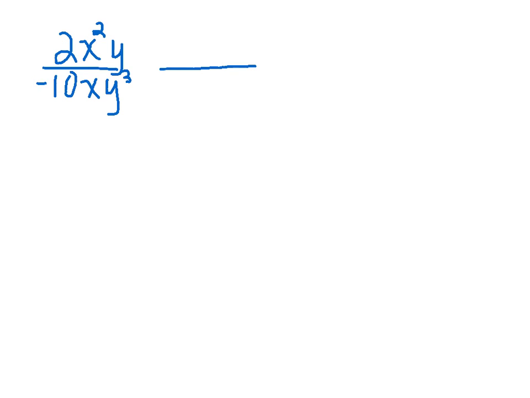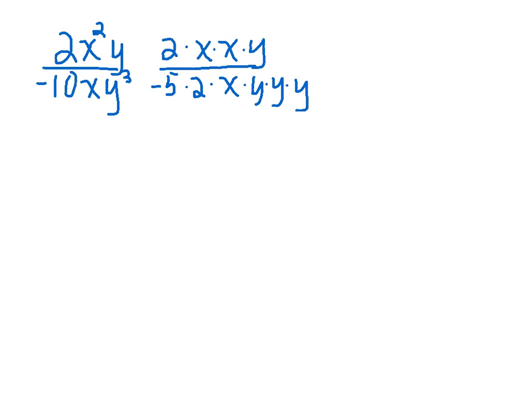Again, we could open up that accordion, 2 times x times y, and then negative 5 times 2 times x times y times y times y.